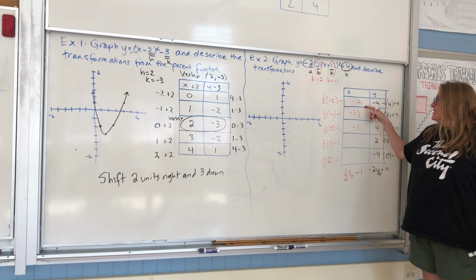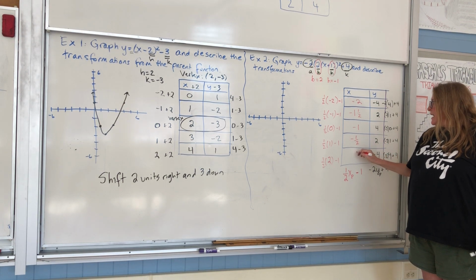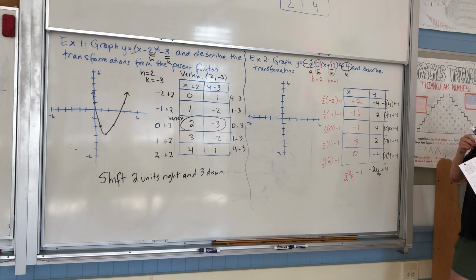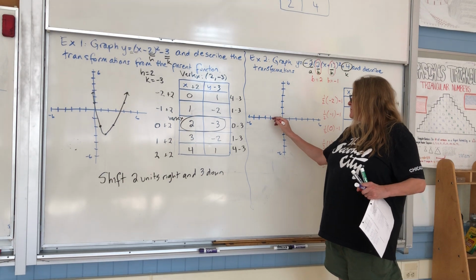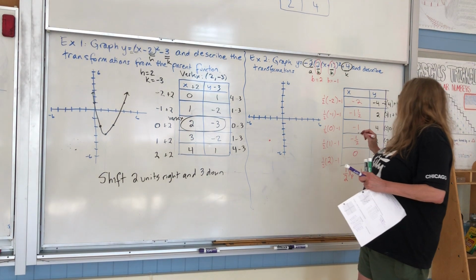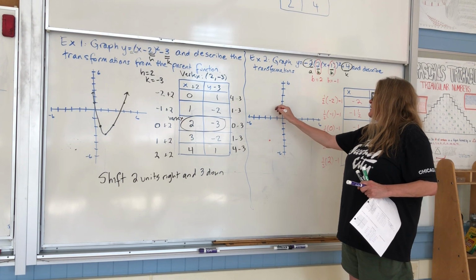Okay, guys, I'm hoping you see the pattern here. It's plus 1/2 each way, right? Each step is plus 1/2. So let's graph this. Let's see what it looks like when we graph it. And then we're going to describe the transformations, which are definitely a little bit more substantial here.